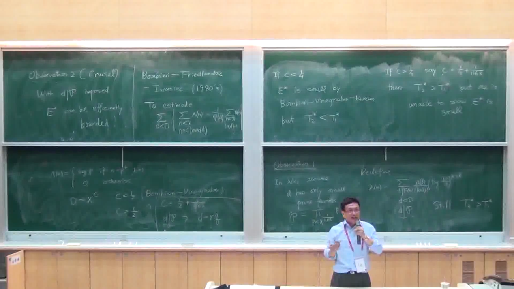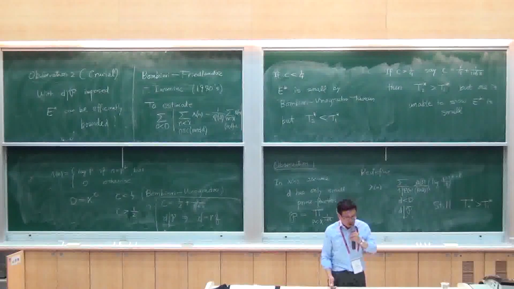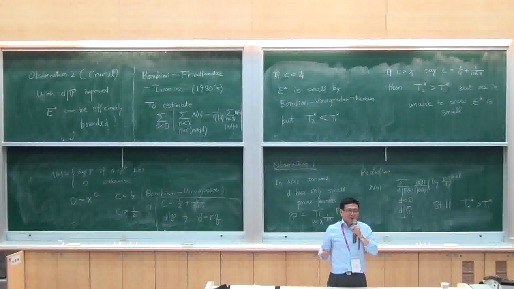But they give us more room to be safe. Eventually, we achieve the estimation and prove this one. So this is mainly what I can say. Any question?